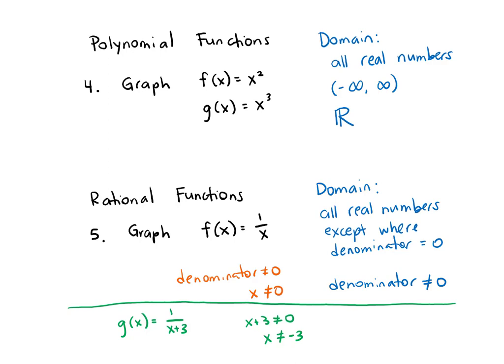So if you said my domain cannot be 0, that would not be correct. My x value could be 0, because when I plug in 0 to this, the fraction is valid. But my domain is that my denominator cannot be 0. In other words, my x cannot be negative 3. So it's very important that you use the correct words. I'm looking for the word denominator when I'm looking for the rule for the domain of rational functions.